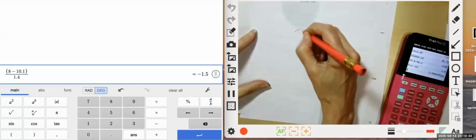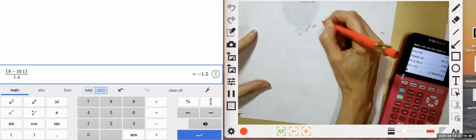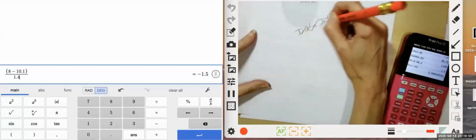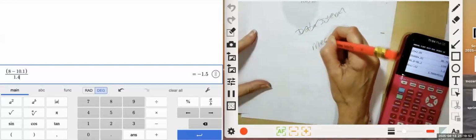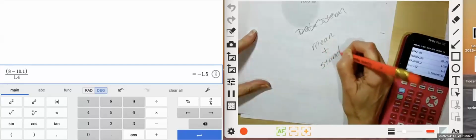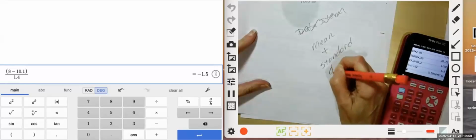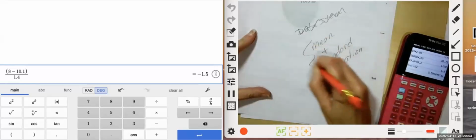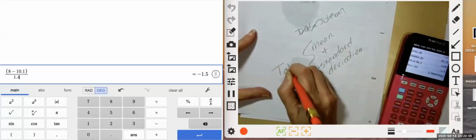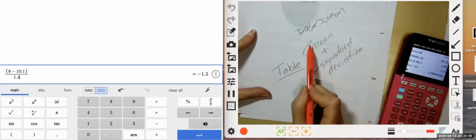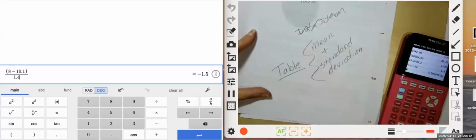No. Anytime we are given a mean and a standard deviation, you know you have to use the table.